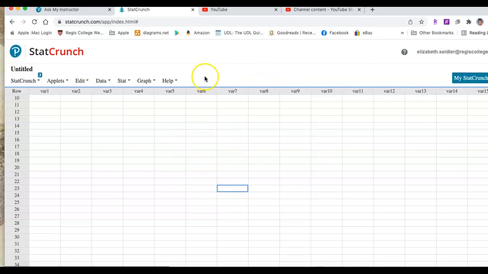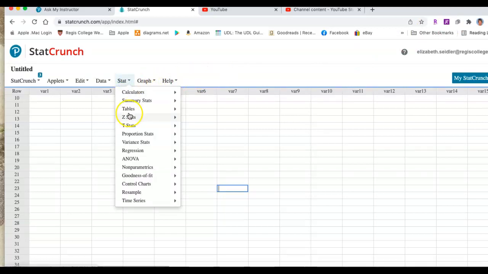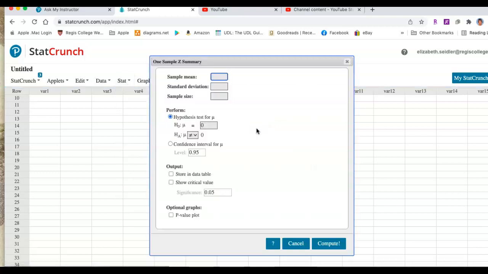Okay, so as I said, we'll test this single mean using our Z statistic, one sample with summary. Because we have a known standard deviation, we can use Z. So our sample mean is 17.3 feet. The standard deviation is given as 3.5.